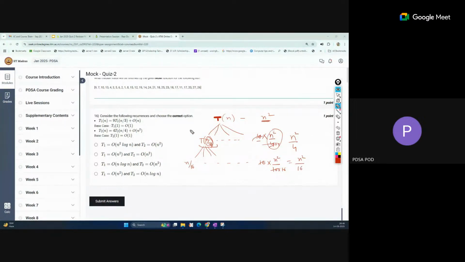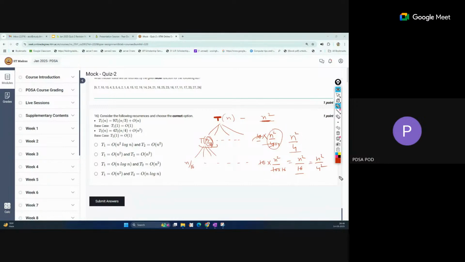So you can see what pattern we are getting. Initially it was n square, then we divided by 4, then by 4 square, so it will keep reducing like this. We can also write n square by 4 to the power of 2.